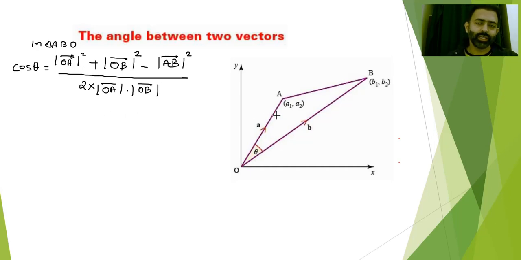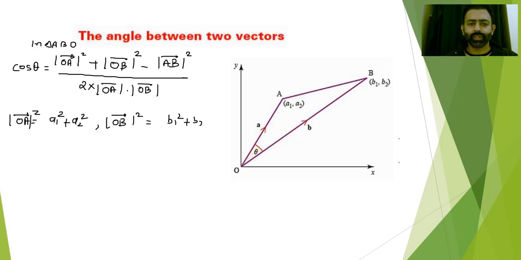Now, since the coordinates of point A are given as a1 and a2, and for point B the coordinates are b1 and b2, I can find the magnitude of OA and then square it. Applying the distance formula, it is a1 square plus a2 square. Similarly, the magnitude of OB squared is b1 square plus b2 square.